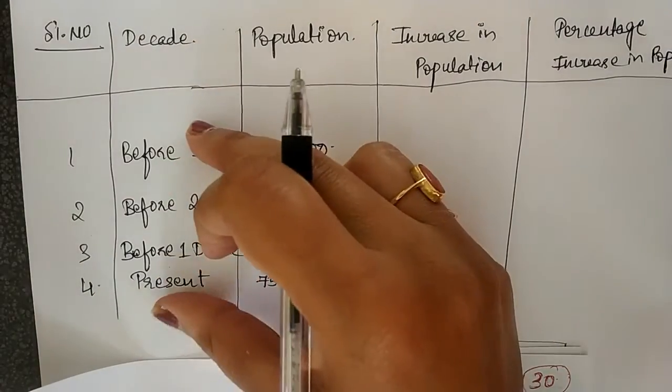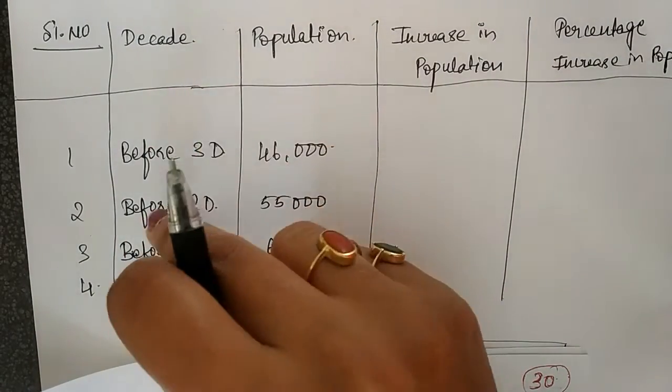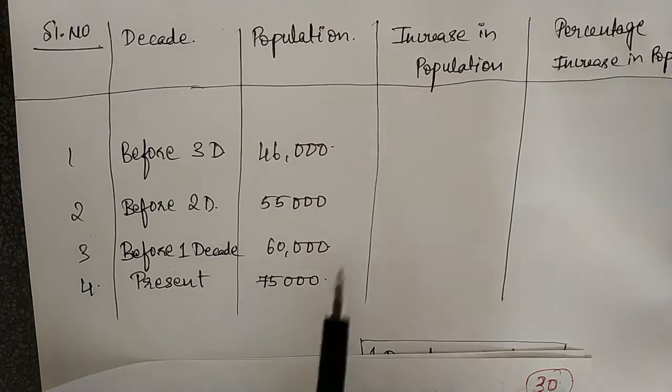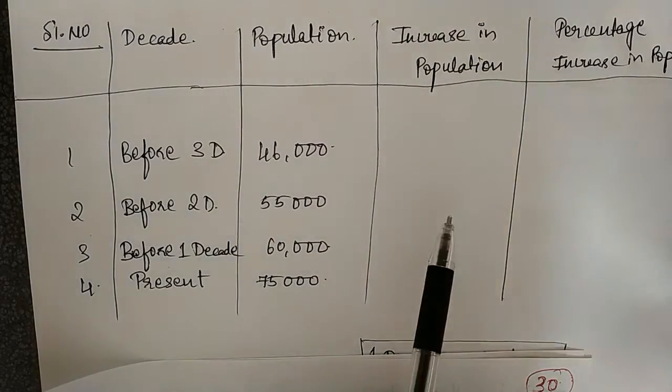Here this part used to be given as years, isn't it? Like 1971, 1981, 1991, 2001. So like this the years were given, but here they have given the years in terms of decades, and the population they have given to me, isn't it? So this table you need to prepare first and then we can go with the further solving.